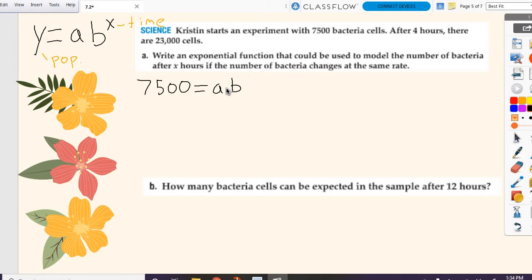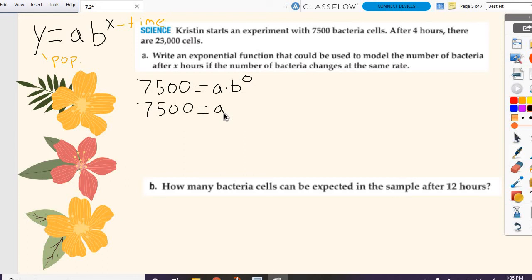Now they say at the start of the experiment, which means that no time has passed, so our time at that time is going to be 0. Well, again, needing to use our exponent rules, anything to the 0 power is going to be 1. So then that would just be a times 1, which just gives us a. So we've solved for one of our variables. We still need to find our base or our b value.